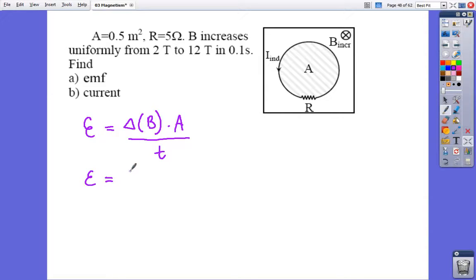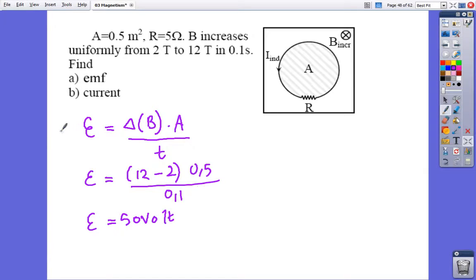So 12 minus 2 times 0.5 over 0.1. What we have here is 50 volt.